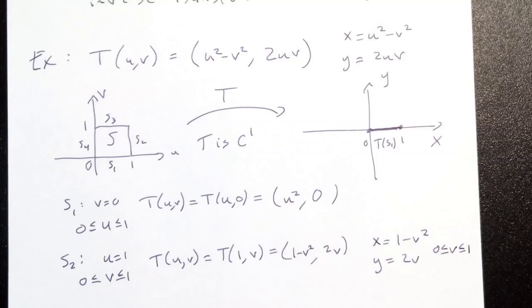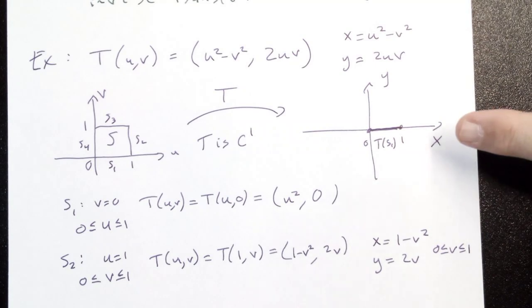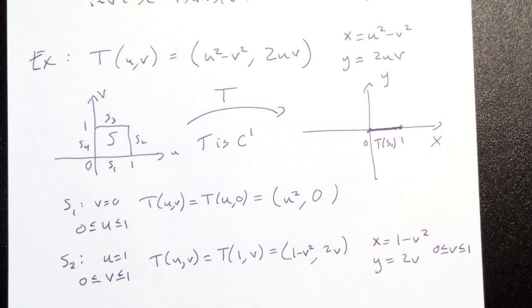How do I know what that looks like? So I can draw it over there on my picture on the right. I don't have the foggiest idea what this looks like.